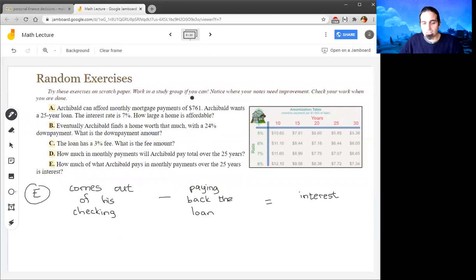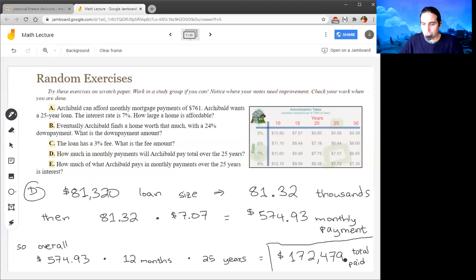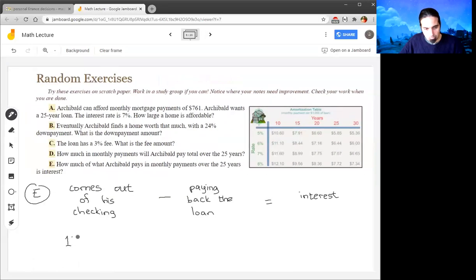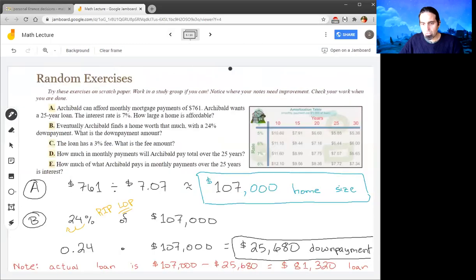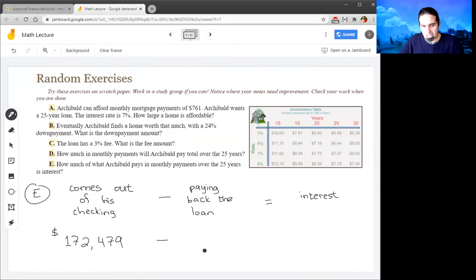So now we need to go back in the slides and look up those numbers. What came out of his bank account was 172,479. His actual loan size was the 81,320. So we get 91,159.